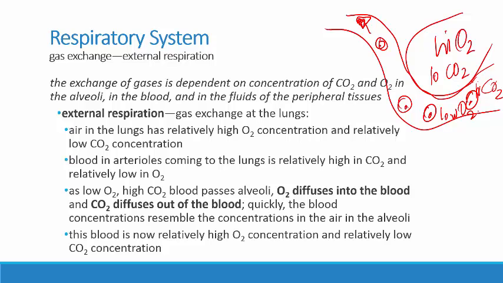And so this is blood that's already been out in the body, had a chance to have a lot of the oxygen removed from it, so that we could make ATP out there in the peripheral tissues.